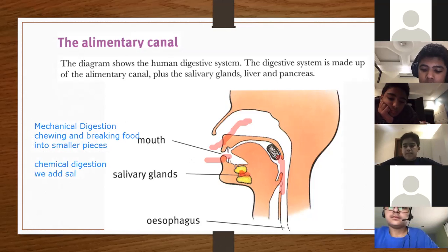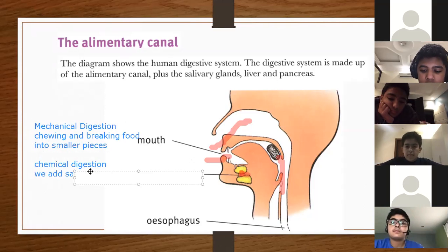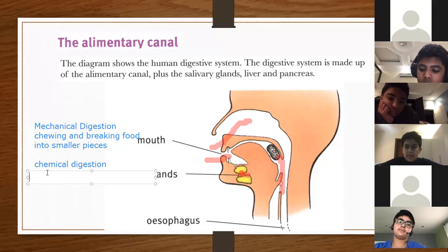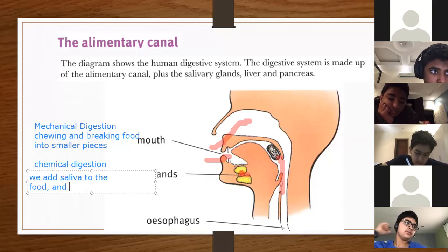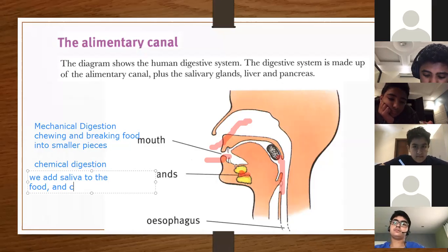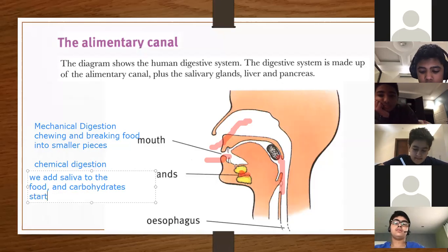Sorry, there was a student coming in, so it stopped me from typing. So let me write from here again. We add saliva to the food and the digestion of the carbohydrates starts.